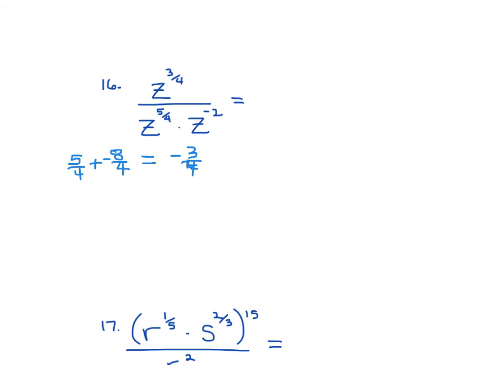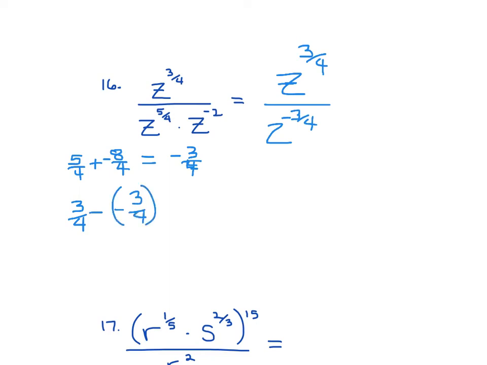I'm going to do it this way. So z to the 3/4 over z to the negative 3/4. So then what I'm going to do here is I have to subtract them. So then I'm going to do 3/4 minus negative 3/4.